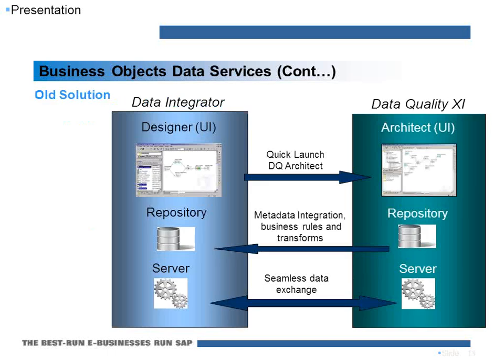Prior to SAP acquiring Business Objects, data services was called Data Integrator and Data Quality, separately. Each of them had its own server, its own repository, and its own interface. This is called Data Integrator, and this tool was called Data Quality. Data Integrator is the ETL tool.